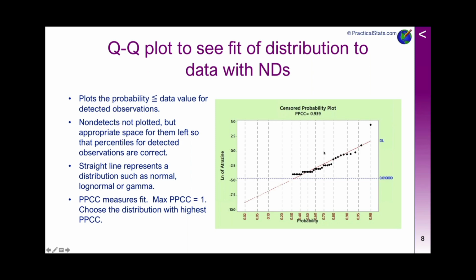Then there are fit statistics. One of them, probably the most commonly used one, is the probability plot correlation coefficient, which is just the correlation on this plot. It would be taking the correlation of the logs of atrazine concentrations here and correlating them with a linear scale, not this percentile scale, but a linear scale down here called normal quantiles. And you'll see some of the QQ plots later on that have that linear scale with normal quantiles.